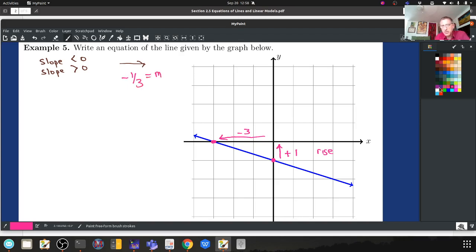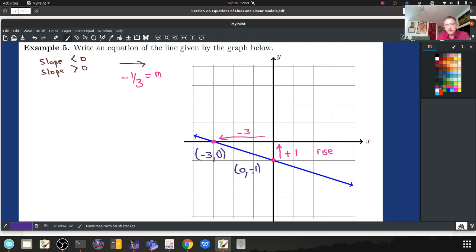But let's do it by finding the coordinates of the point. So this is clearly the y-intercept. So the x-coordinate is 0, and the y-coordinate is minus 1. And this point right here is clearly the x-intercept. So the y-coordinate is 0, and the x-coordinate is minus 3.